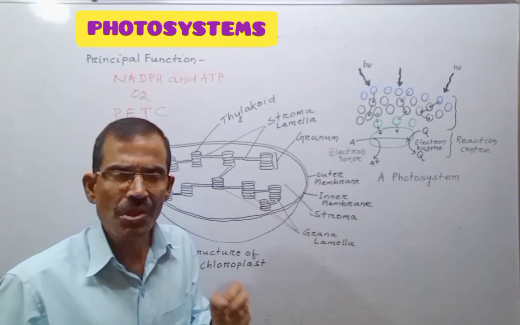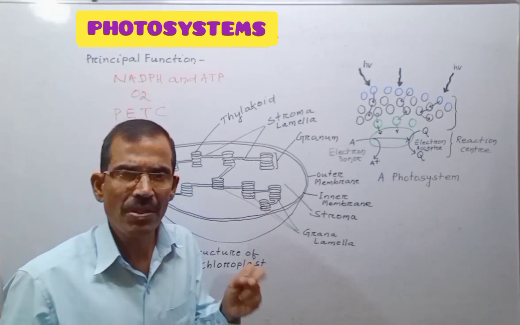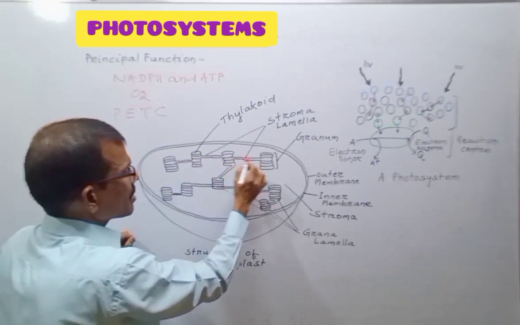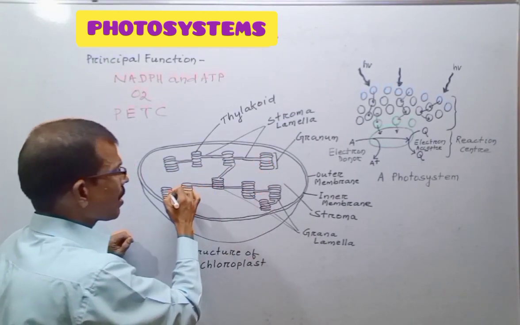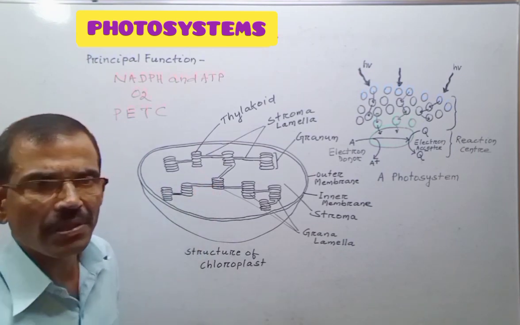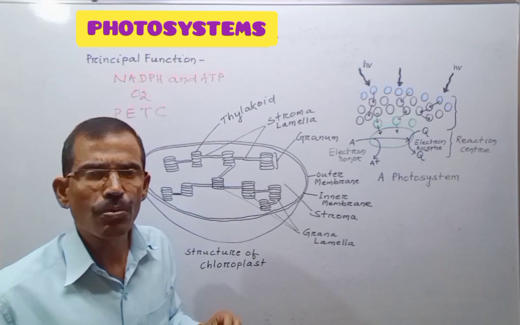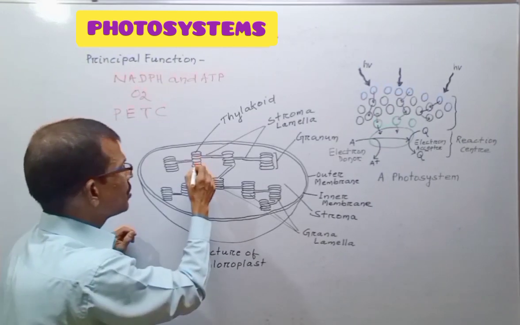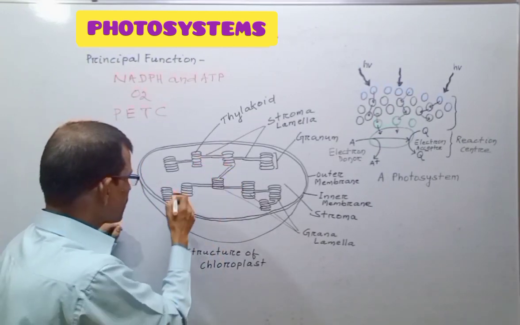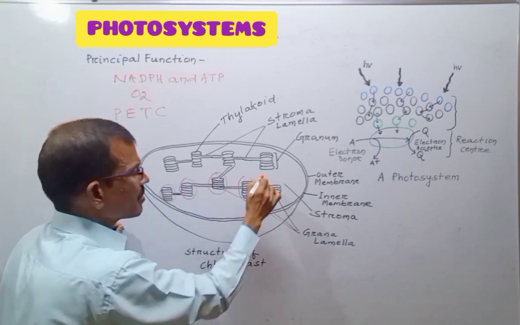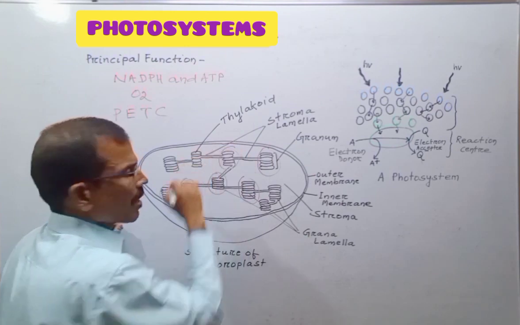The most striking feature of chloroplast structure is the presence of an extensive system of internal membranes called thylakoids. Most of the thylakoids appear to be closely associated with each other. The stacked membranes, which look like stacks of coins, are called grana lamella.